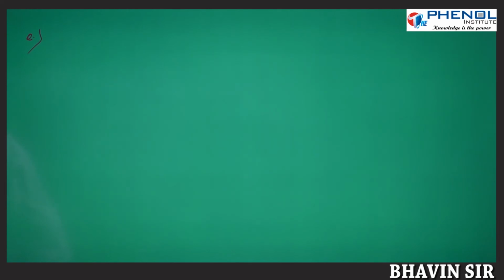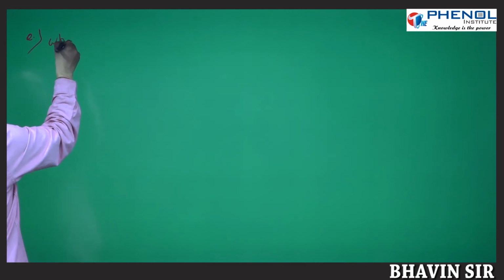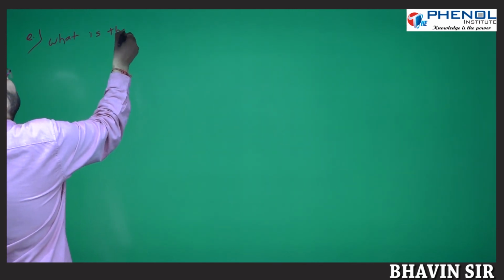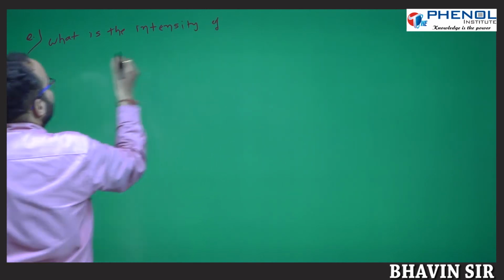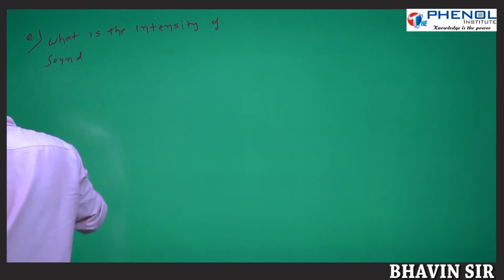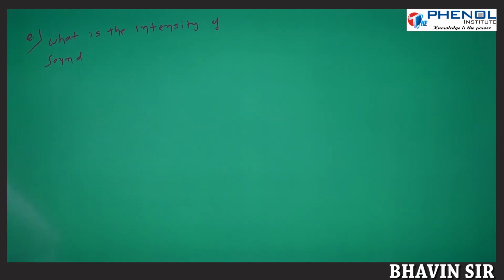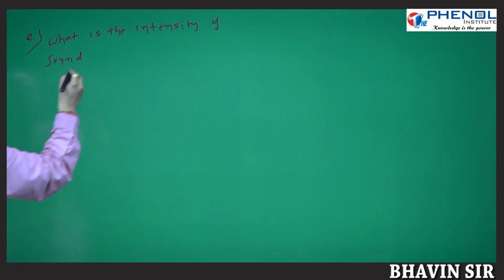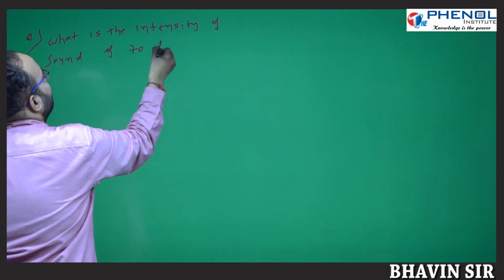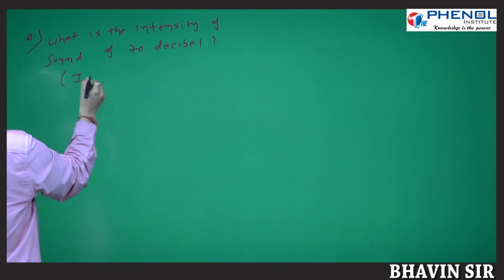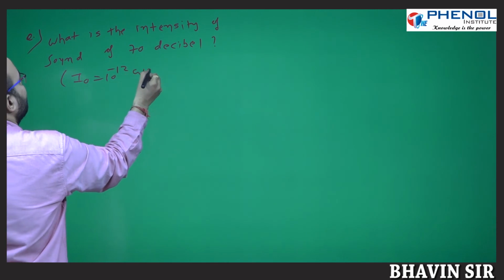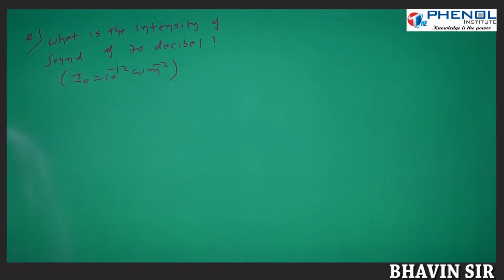Chalo, what is the intensity of sound of 70 decibel, where I0 is 10 raised to minus 12 watt per meter square?